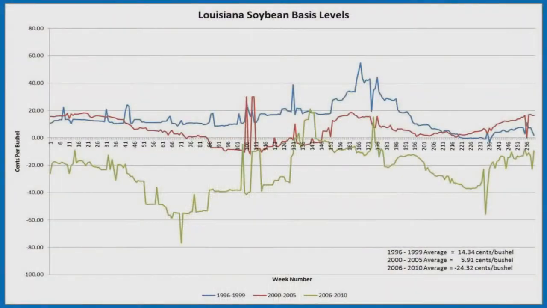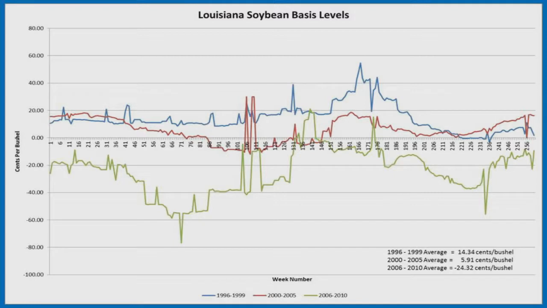When you look at the three lines that we have here, these are for different time periods over the last 15 to 20 years. What you see here is that all three lines follow a fairly similar shape. So we see the same time each and every year that basis levels start to improve.